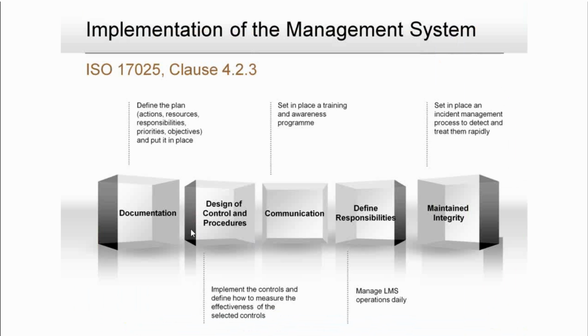Under documentation, there has to be clear definition of the plan, the resources, the responsibilities, the priorities, the objectives must be put in place. Like I said earlier, let me take responsibilities for instance.